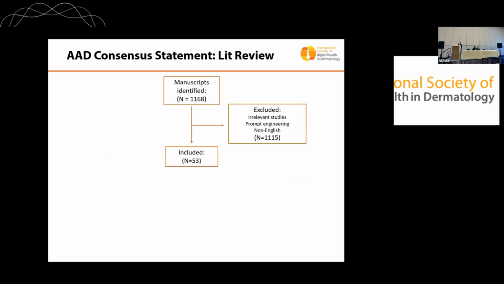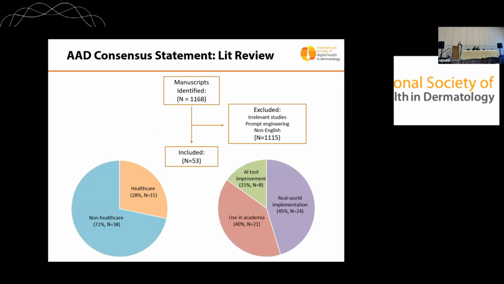With this lit review, we were mainly looking at specific guidelines and recommendations for AI use. 53 manuscripts met requirements, but the majority of them were not healthcare related. Only about 45% of them were real world implementations. Among that 45%, only 6 were healthcare related and none were dermatology related.